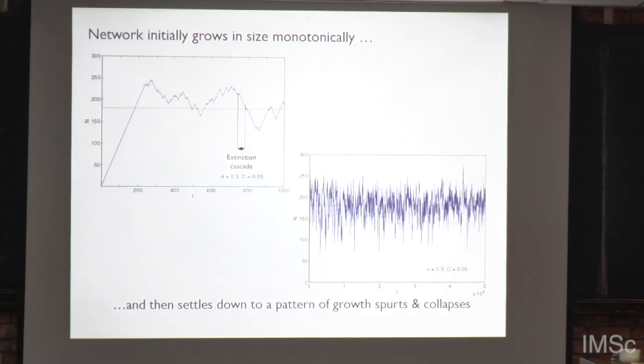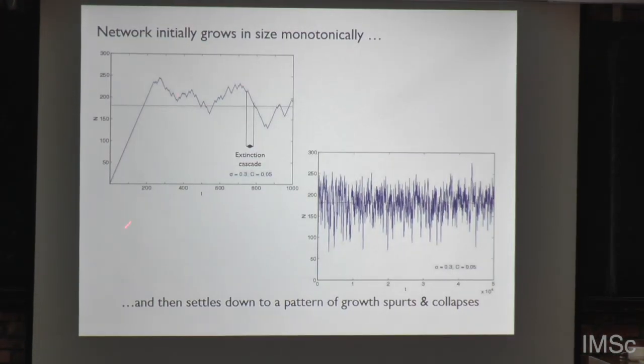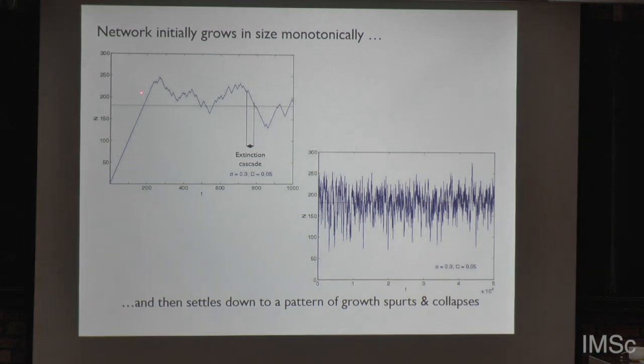So typically a run of such network evolution will look like this. Initially the network size will just keep growing as you keep happily adding more and more nodes, but eventually at some point it suddenly becomes unstable. So at that point you start eliminating certain nodes.